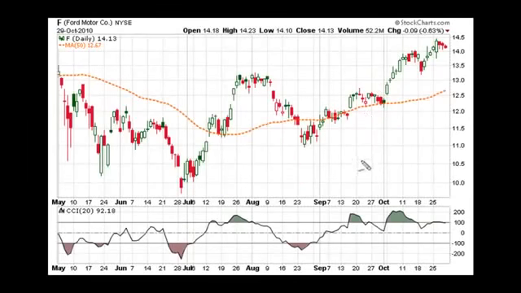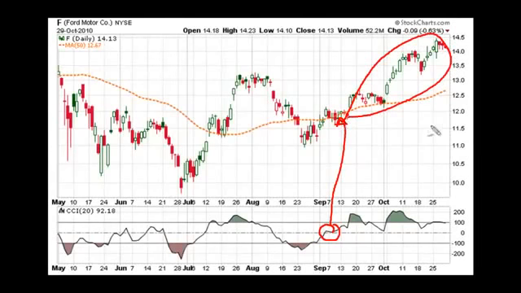And here's another example of the reversal strategy. This is Ford, symbol F. And you have a buy signal being generated right here as CCI crosses above the 0 line. So you would buy the stock right here, and you would be able to participate in this strong move from 11.75 to 14.50.